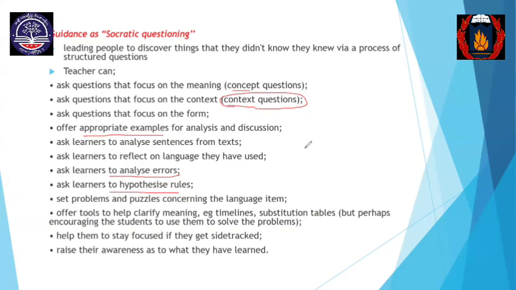For example, in the conditional sentence, by drawing conclusions from all these examples and concept questions, the students will know what kind of language item they are learning, for example, if patterns. In the if clause, what kind of verb do we use, and in the main clause, what kind of verb should we use? So they hypothesize the rule by themselves. They make their own explanations. Like that, teacher.